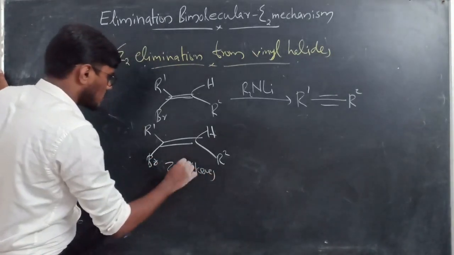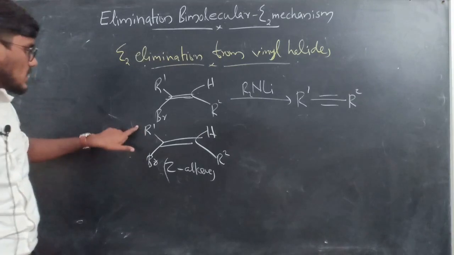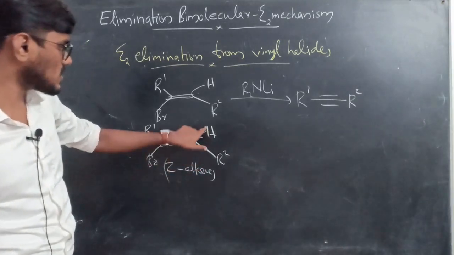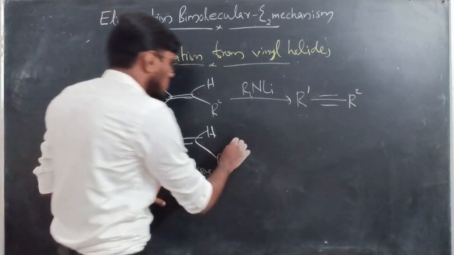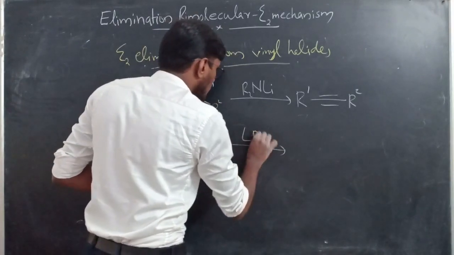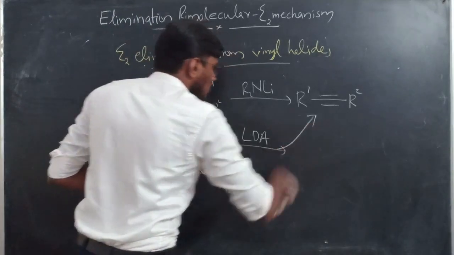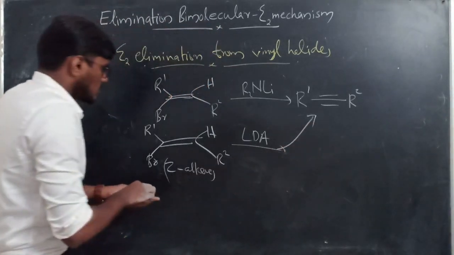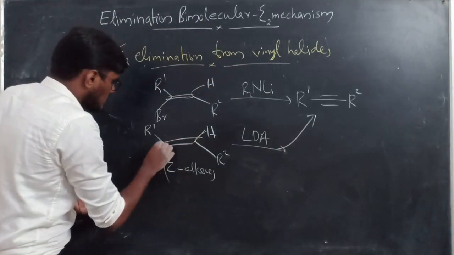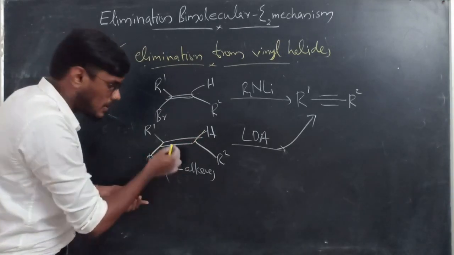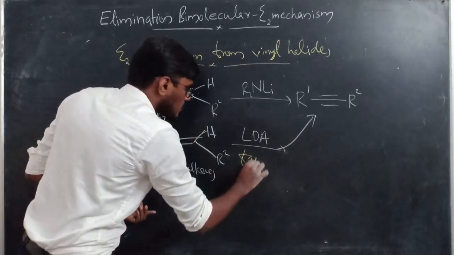This goes first preference and this goes second preference, so this one is Z. On reaction with LDA, it gives the product like this, and here the C-H bond and the C-Br bond are anti-periplanar, so it's a fast reaction.